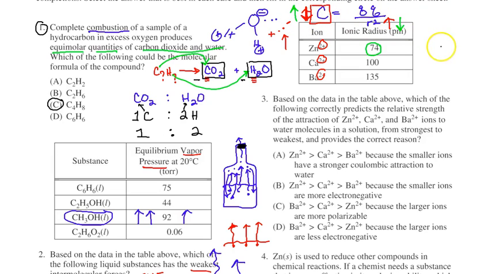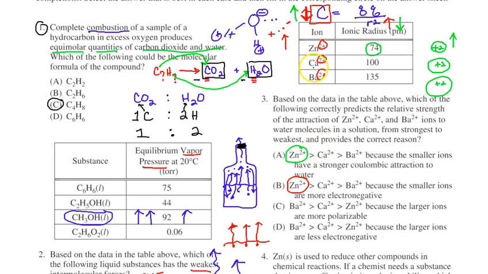And we've talked about this. If you've got a +2 in a smaller area, like a smaller radius of an ion, then I always say that that has a what? A very high charge density. There's a lot of positives here in a small place, and that's always speaking to Coulomb's. So zinc is going to have the greatest amount of charge density or electrostatic attraction by Coulomb's law, however you want to talk about it.